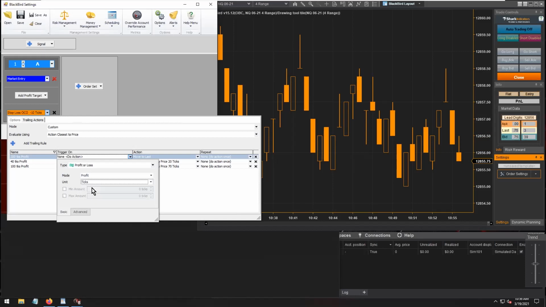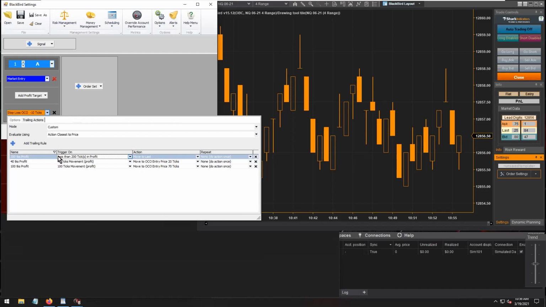But all right, let's go to ticks, and we're going to use the maximum amount, 200 ticks. There, put in 200, and there we go. So that is an example of using the profit or loss there.